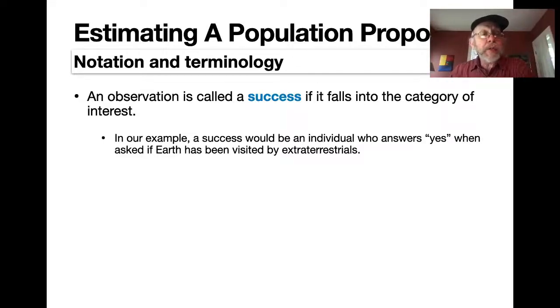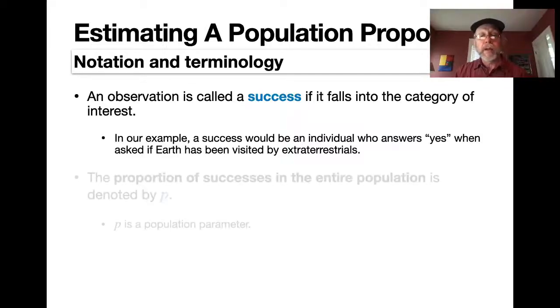An observation is called a success if it falls into the category of interest. The category of interest is the category we're trying to compute a proportion for, right? In this case, it's the category of individuals who believe that Earth has been visited by extraterrestrials. And so an individual who fits into that category would be called a success for the purposes of this study.